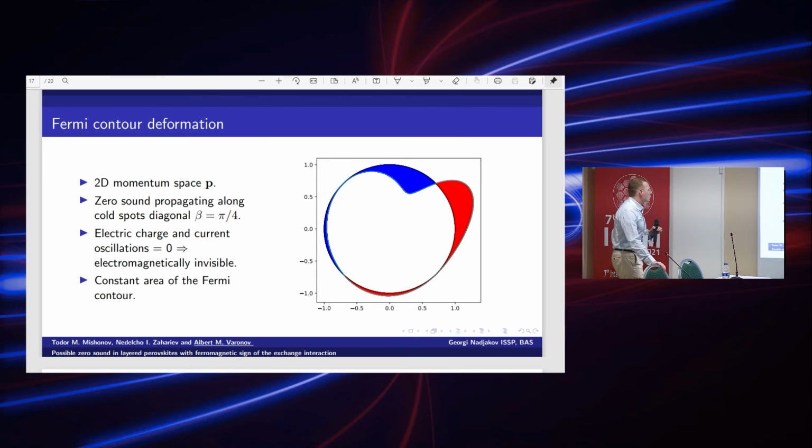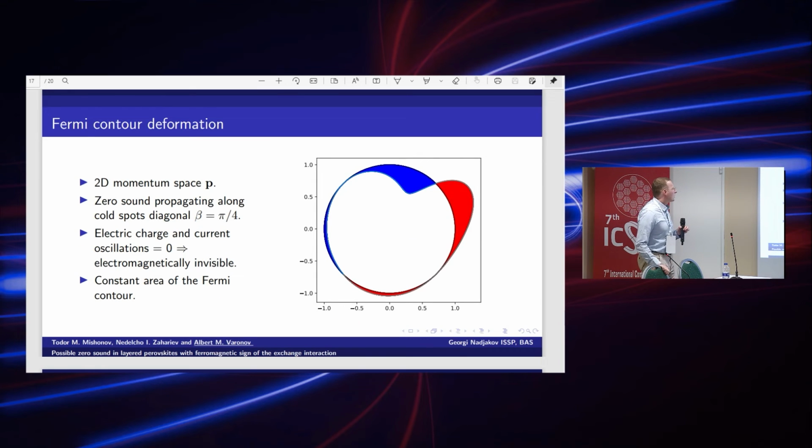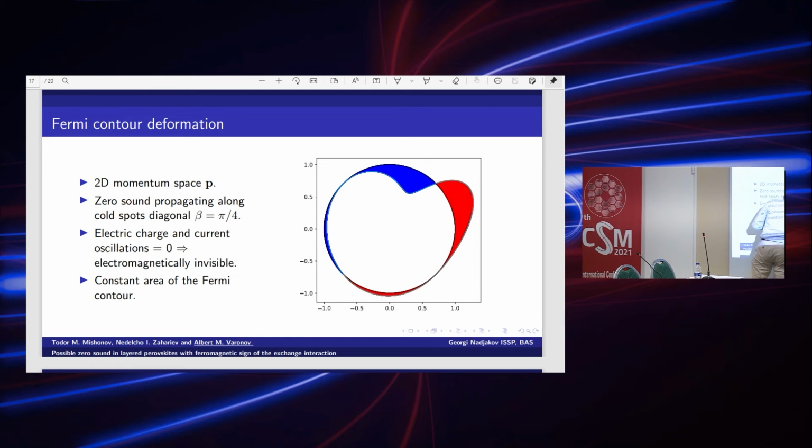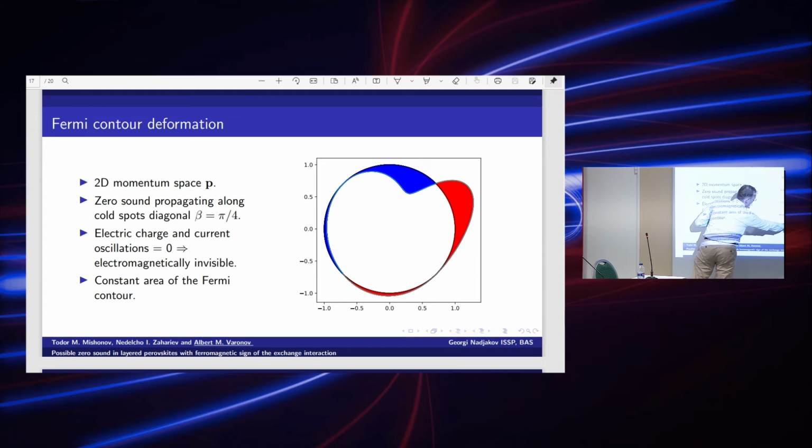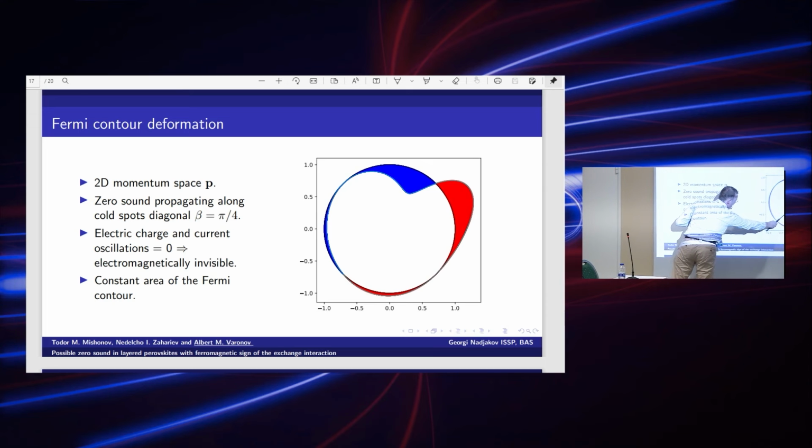And this contour deforms in the pi/4 direction, which is symmetrical. And let me try to show this. Maybe it's not quite symmetrical, but okay.